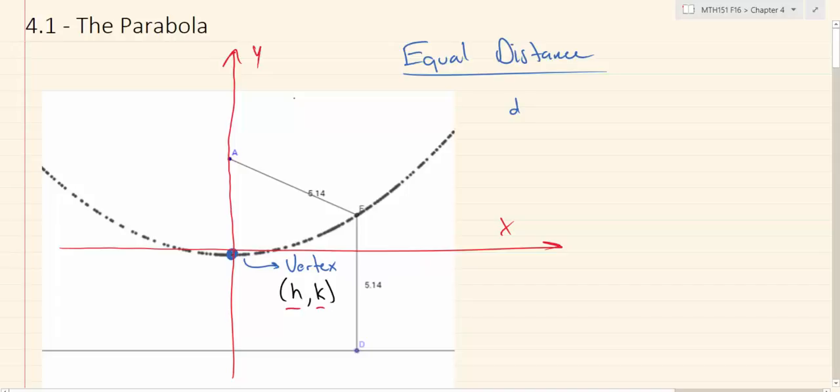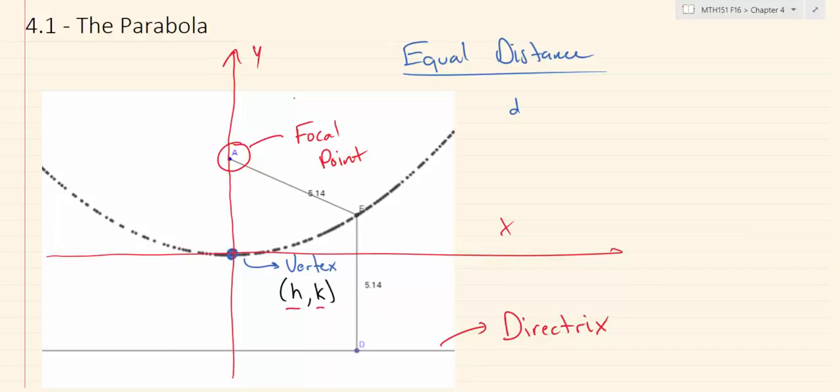We also have to bring forward this original definition that we had like 1,000 years ago, right? We got to bring together the line and the point that created the parabola. And so the point, this point here, is called the focal point, and the line down here is called the directrix. So what we have here is we have bringing forward the information that we had defining the parabola.